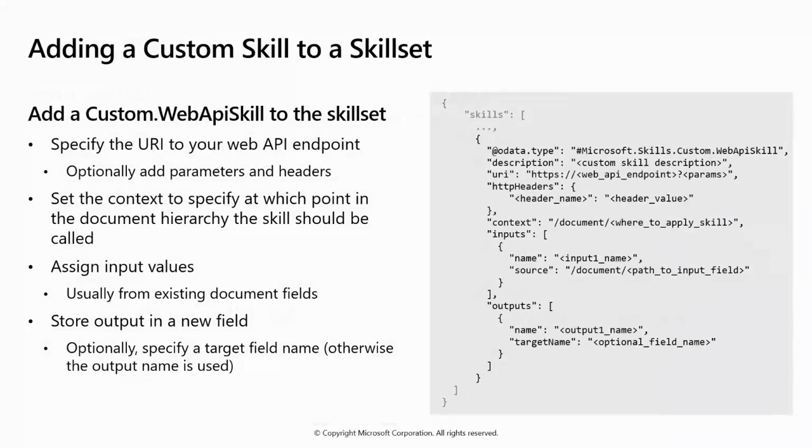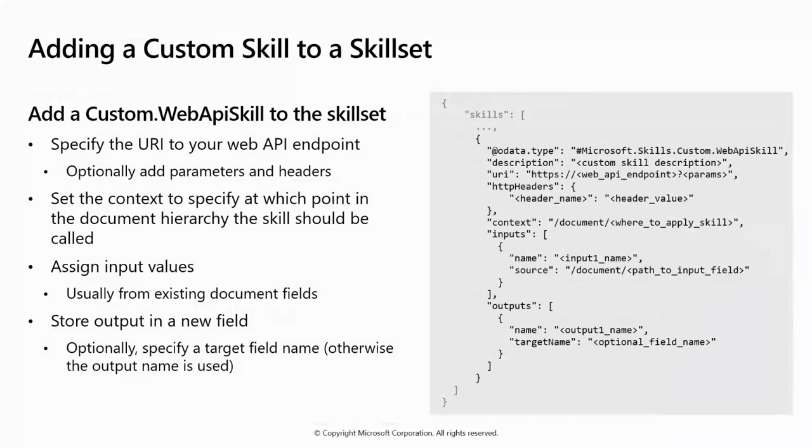Now, in order to add a custom skill to our indexing solution, we need to use the custom Web API skill. This skill is added to the skill set. Now the skill definition must specify the URI to your web API endpoint, including the parameters and headers if it's necessary.